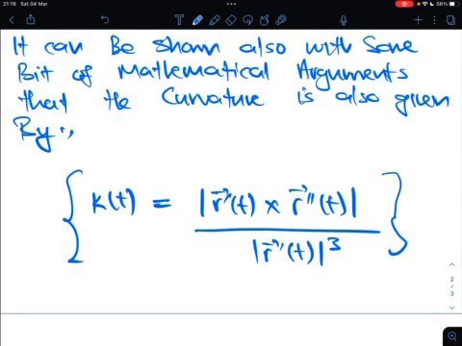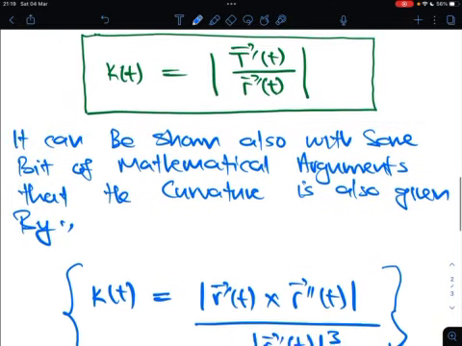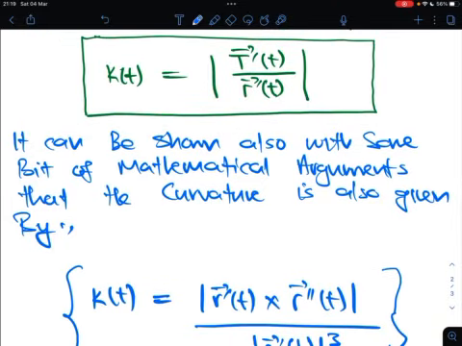Why would one prefer to use this result more than the one we stated before? It is because the first one is time consuming. It needs first the evaluation of the unit tangent vector, then we differentiate to get T prime of t and then simplify.